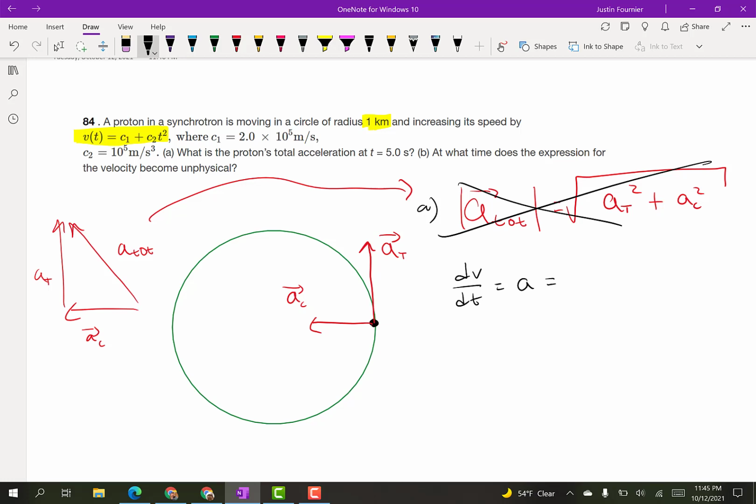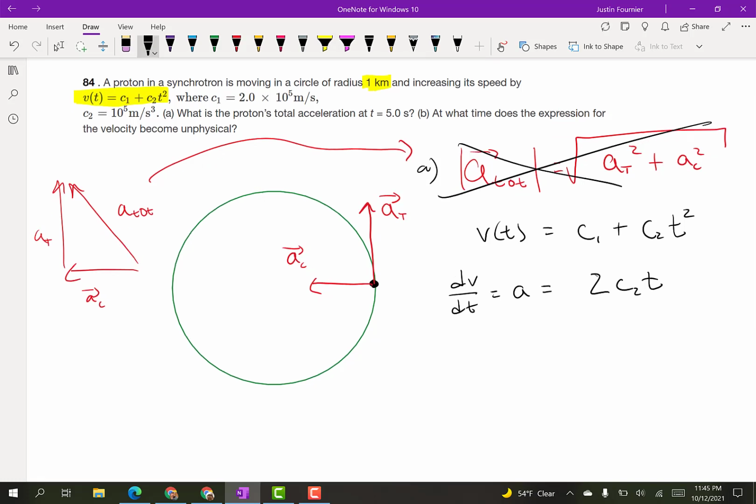So if I have the velocity function, these constants, C1 plus C2 t squared. So the derivative here, C1 is just going to go away. That's just a constant. So the 2 is going to drop down. So it's going to be 2 C2 times t. And that's going to be my acceleration, but that's my tangential acceleration.